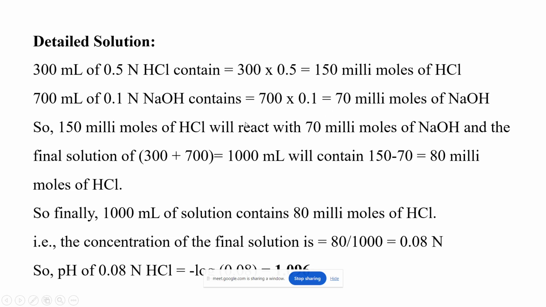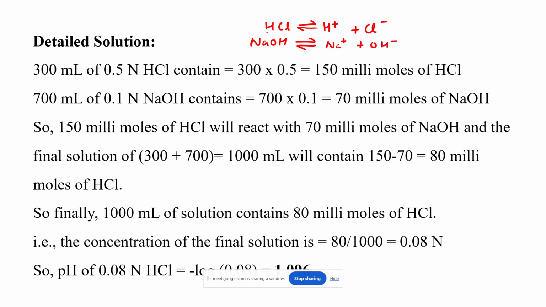So now if I react HCl with NaOH, HCl will release one proton and NaOH will release one hydroxide ion, right? So HCl will be dissociating into H plus and Cl minus, NaOH will dissociate into Na plus plus OH minus.